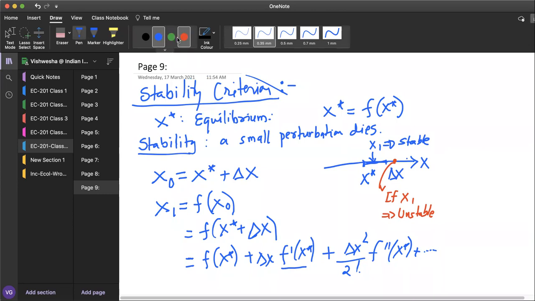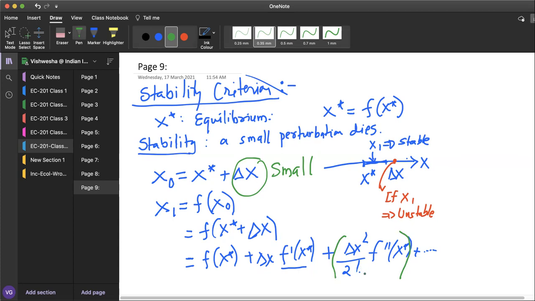So we have assumed that delta x is small, right? So think of delta x as something like 0.01. Then the value of this term will be 0.01 times some value here. How much will this be? This will be 0.01 squared. That's 10 power minus 4. So therefore, this number will be substantially small. And this will be 10 power minus 6, even smaller.